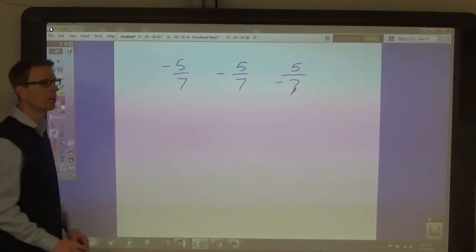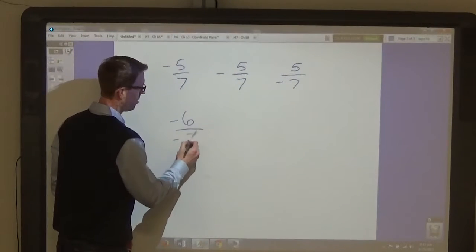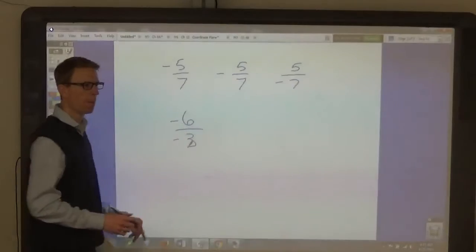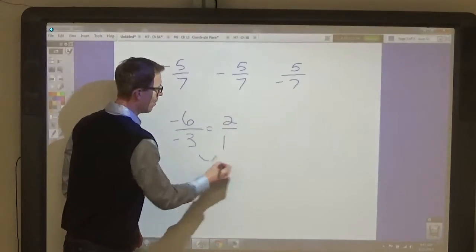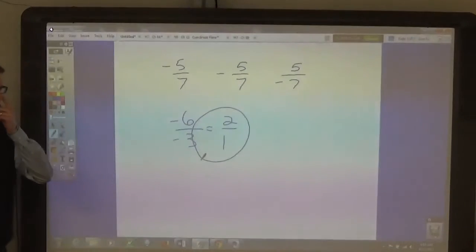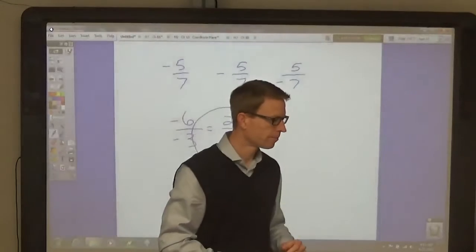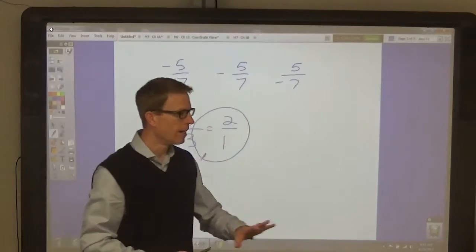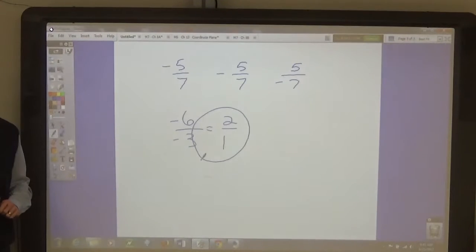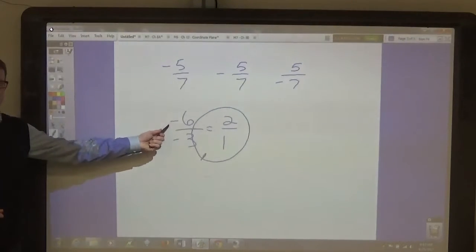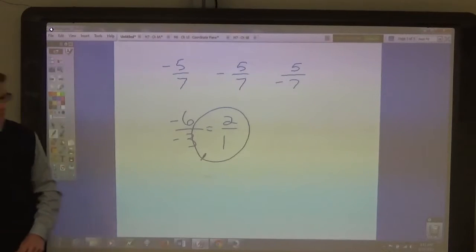Negative 6 over negative 3. Okay. Now, how would we simplify that? 2 over 1. Good. Remember to simplify. Okay? Always simplify the slope. Always simplify the slope. Any questions on calculating the slope? Okay.